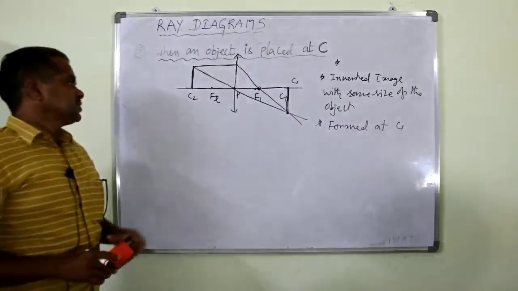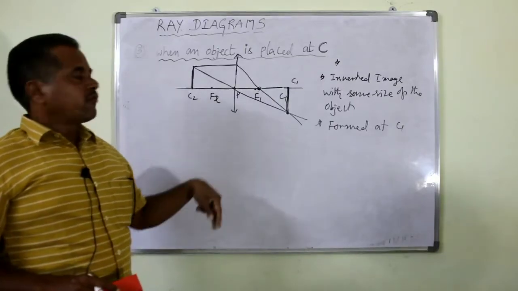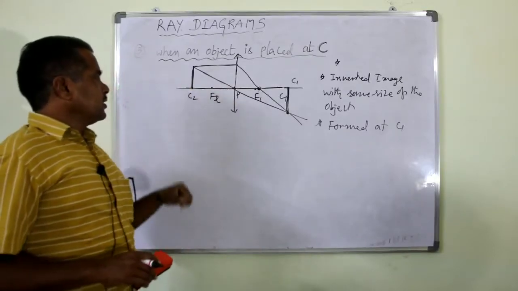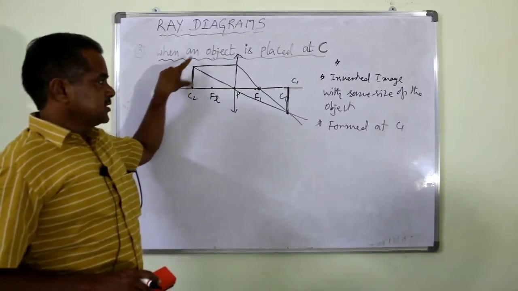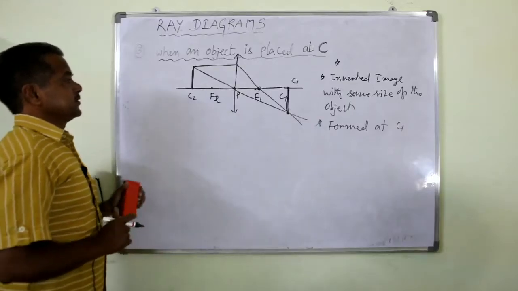So when an object is placed at the center of the curvature, the image of that object is also formed at the center of the curvature on the other side of the lens. The size of the image must be equal to the size of the object. That image is also inverted, that's why we can say that it is a real image.